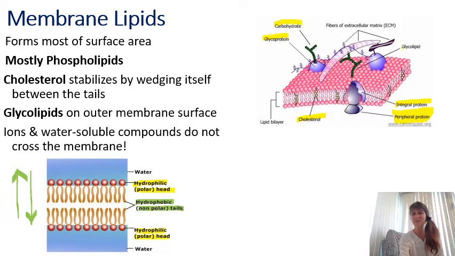We also have a glycolipid, which is a fat molecule with a carbohydrate attached to it. And we also see fibers of the extracellular matrix. The matrix, that particular term refers to the stuff surrounding a component, whether it's a cell or anything else. The matrix is just the stuff surrounding a certain object.